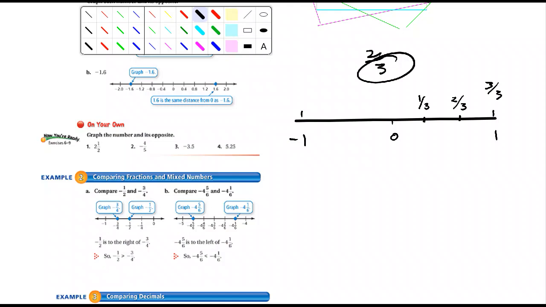So, Miss Harley, what would the opposite be? So again, we're going to divide it into what would be thirds. So this would be a -1/3. This would be a -2/3. And so its opposite would be right there.